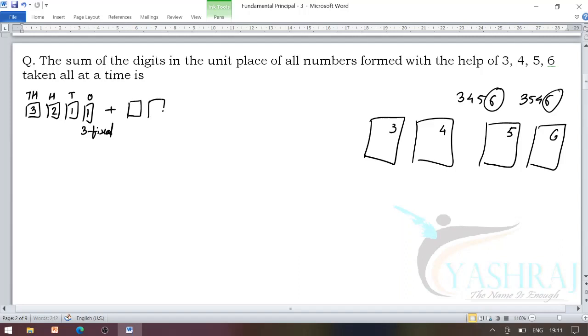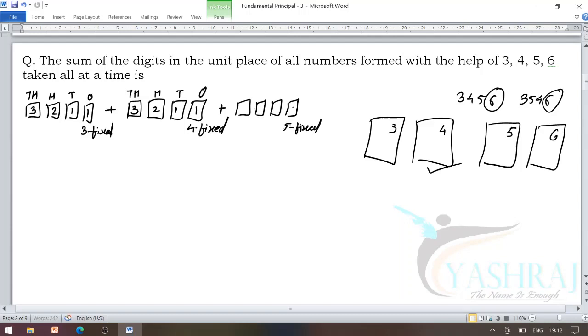Now evaluate how many 4 digit numbers end with 4. We fix the digit 4 at the ones place, so there is only one way. Following which, to fill the thousands, hundreds and tens places we have 3, 2 and 1 ways respectively.